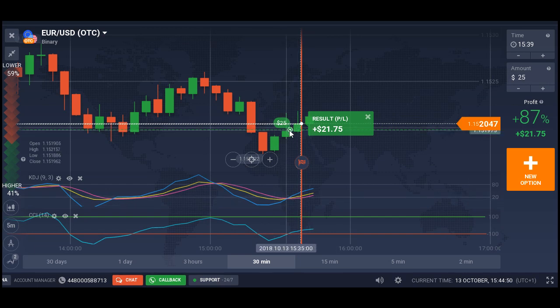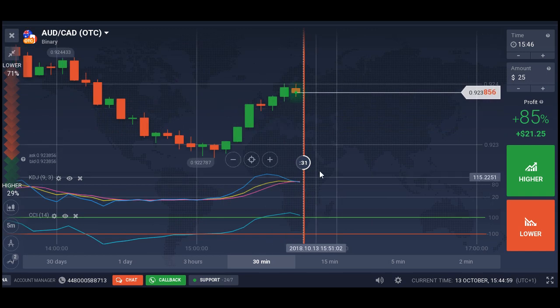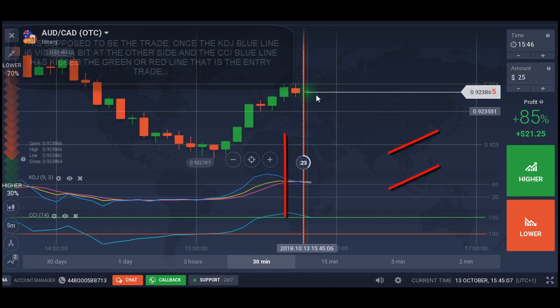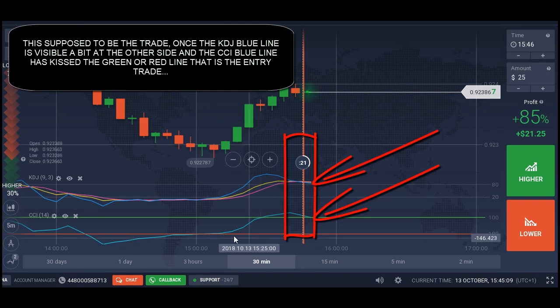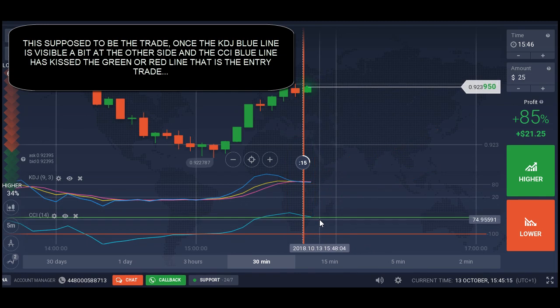Okay, so let's wait for a new candle to open. Look, it has opened. So if this new candle ends in red, then the CCI would have entered into this green arena. If it ends in red, then you have an upper hand to trade.